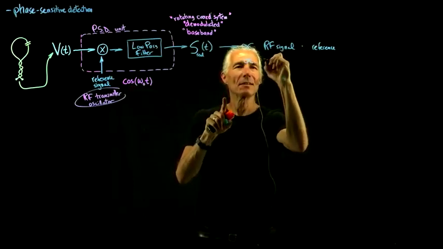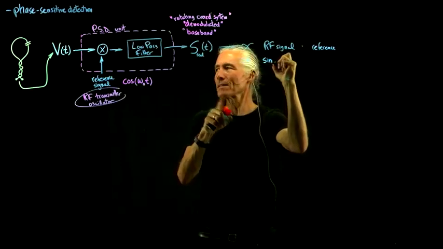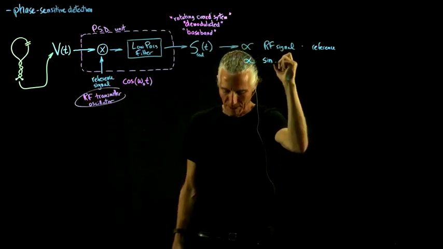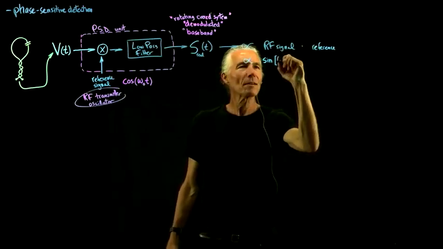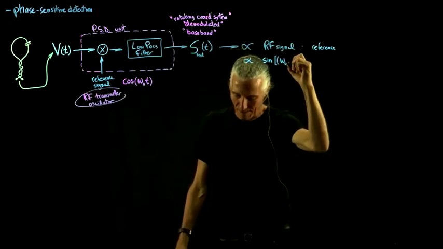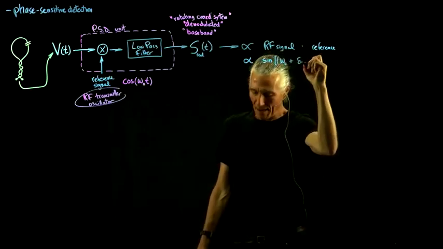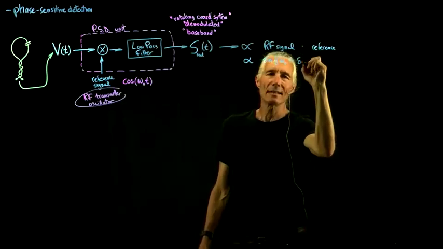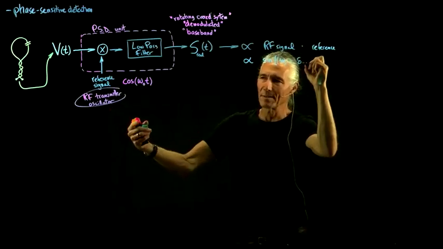Okay. So if we have, say, our incoming signal was something like a sine. So we have a sine of our incoming signal, and our signal might not be exactly the same frequency as the transmitter signal because it's the brain.